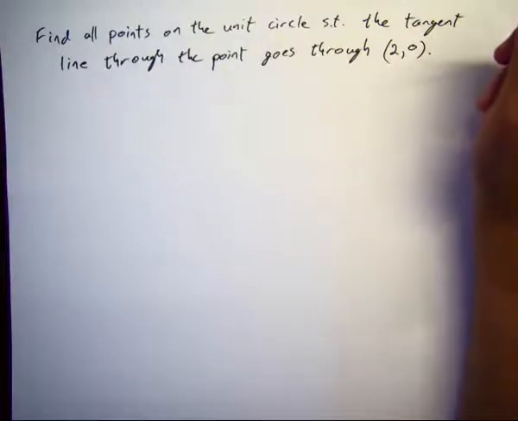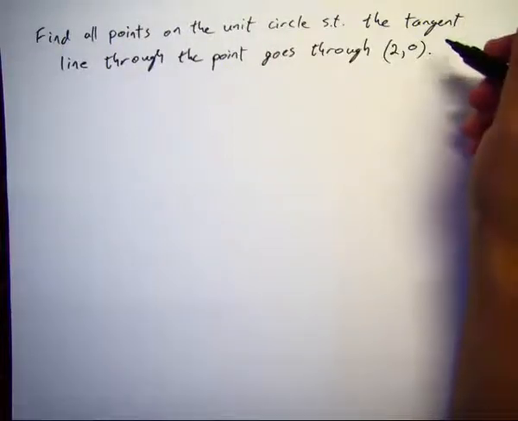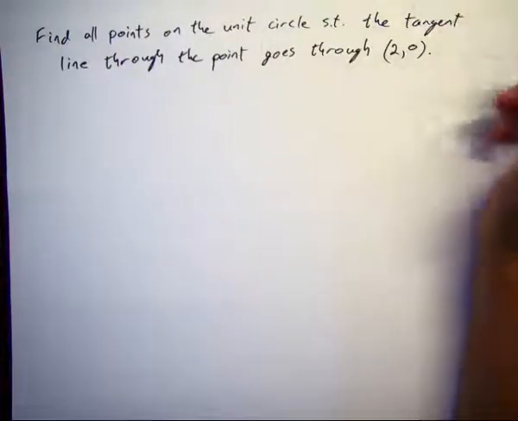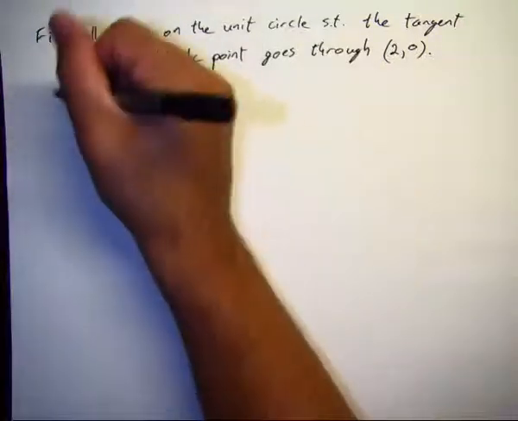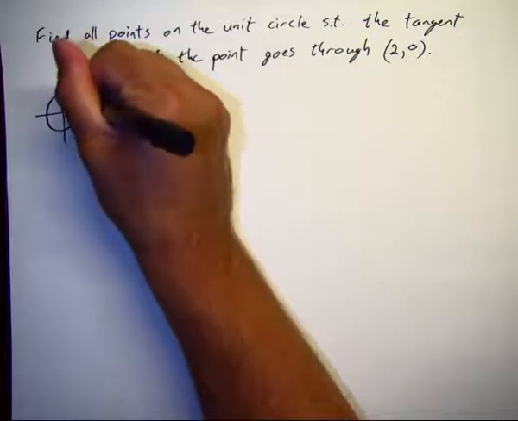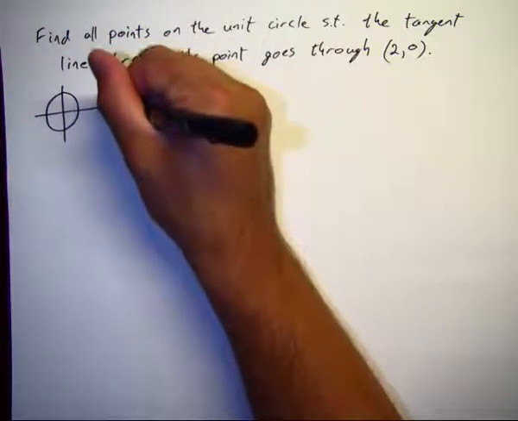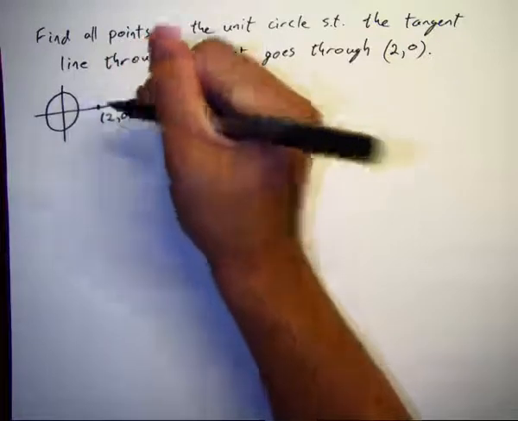I haven't tested this. I have no idea how awful the arithmetic is going to be. I can pretty much guarantee that it's not going to be a whole lot of fun. But first of all, let's get a sense of the diagram. The unit circle looks an awful lot like this, only properly round, and then right over here is (2, 0).